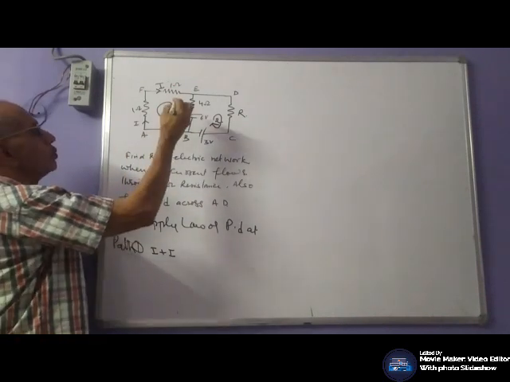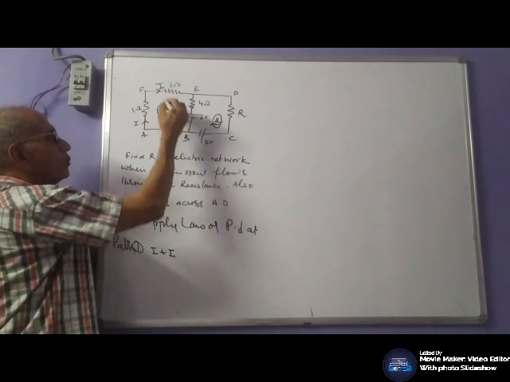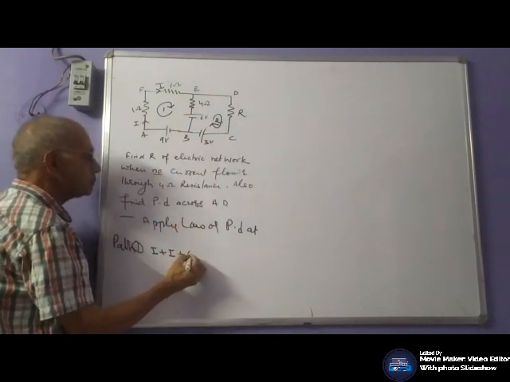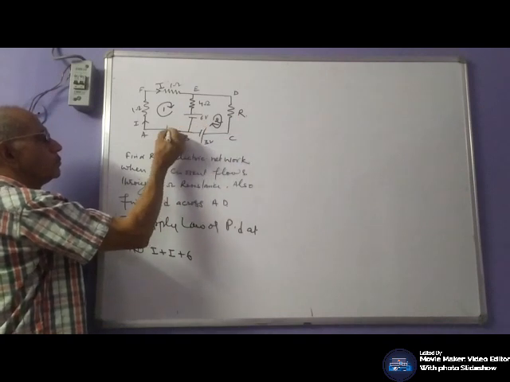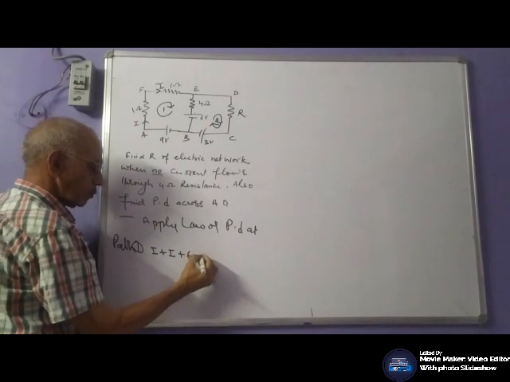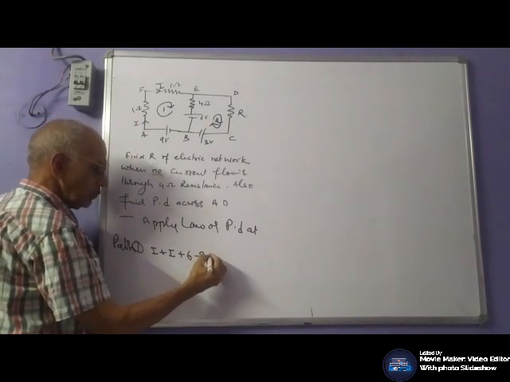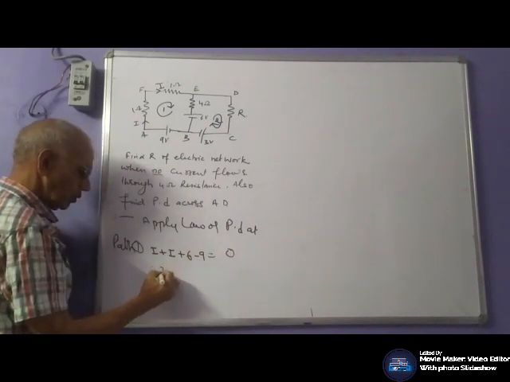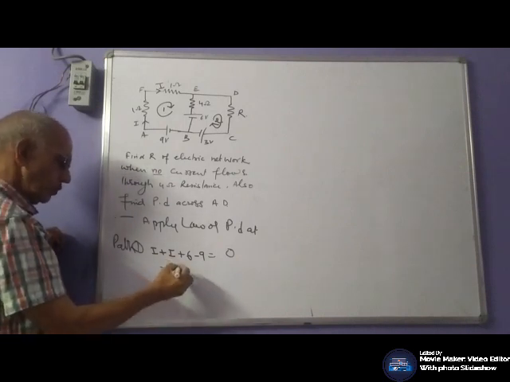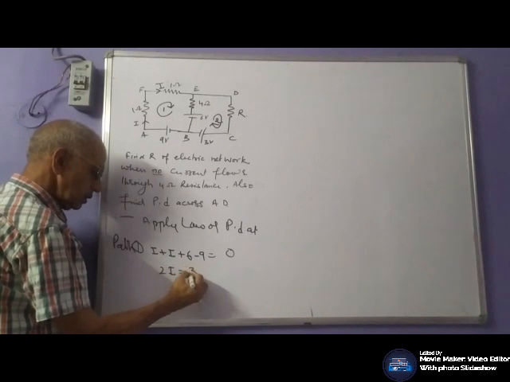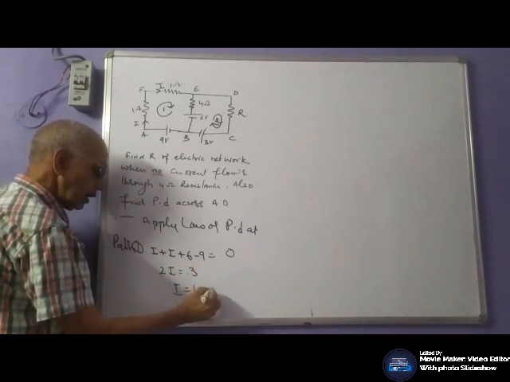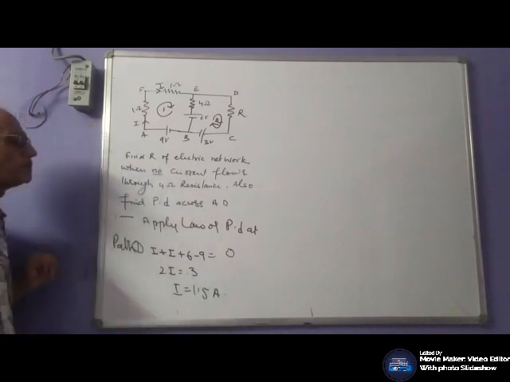Now, two batteries, path, positive terminal plus 6, negative terminal path minus 9 is 0. 2I minus 3, it is 3I, 1.5 ampere.